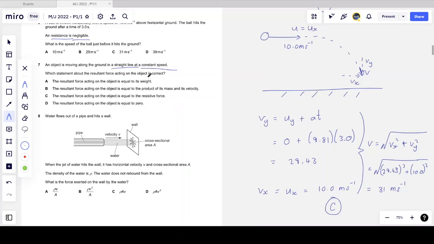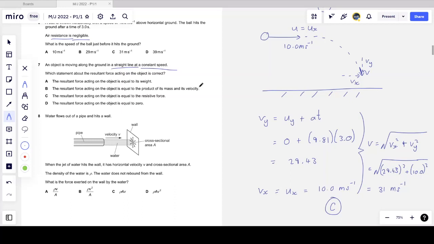So what I do know is that the object's moving in a straight line and it's moving at constant speed. And so those two things tell me something very important. If I go to Newton's first law, or rather second law, an object moving at a constant speed has no acceleration. If it's not accelerating, the net force on it must be 0, which obviously then brings us to the first law.